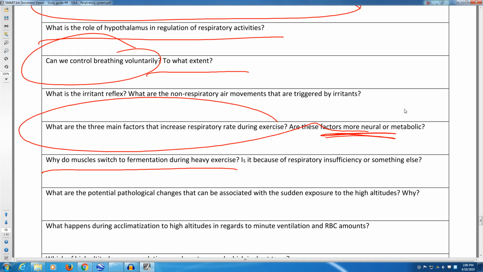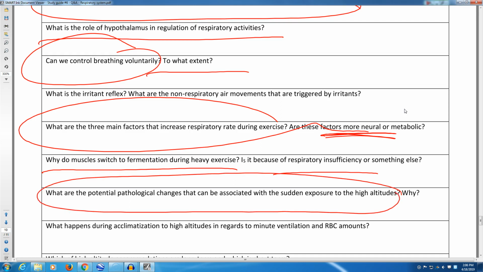Muscles switch to fermentation during heavy exercise because of insufficient blood flow, not because of insufficient ventilation, okay? Respiratory system fully sufficient. High altitude may lead to pulmonary and cerebral edema due to the increased pulmonary flow and cerebral flow because of the low oxygen.